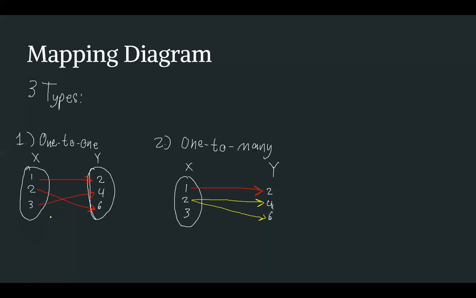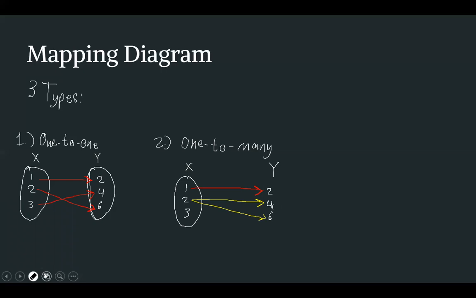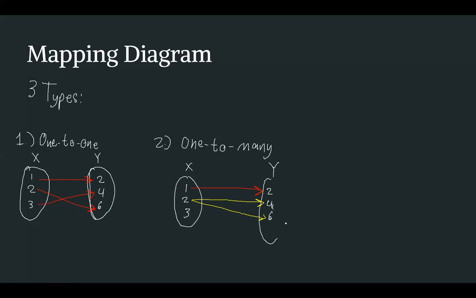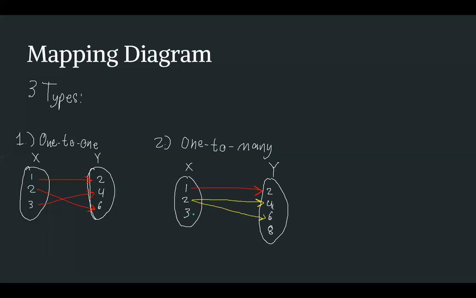Sorry guys, let me add another one. Okay, going back. So 2, 4, 6, 8. So let 3 match to 8. There we go. Sorry guys, I forgot to put 8 here.